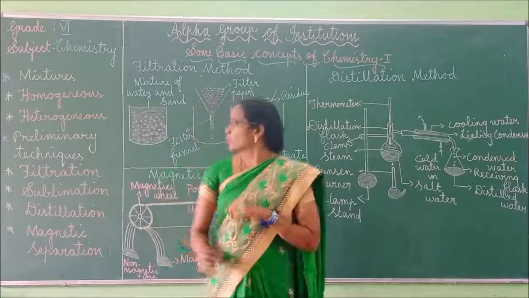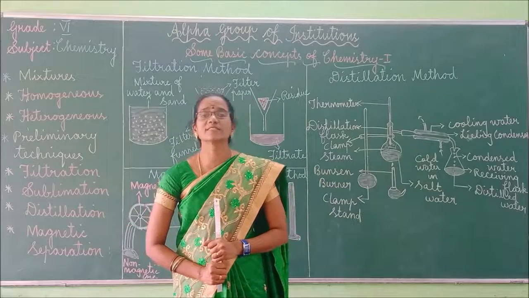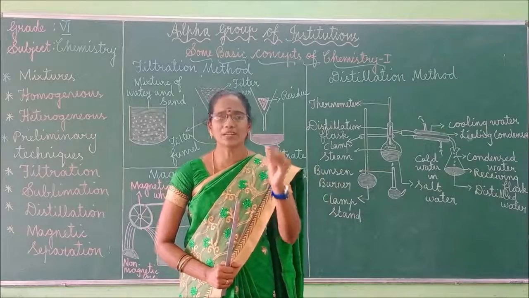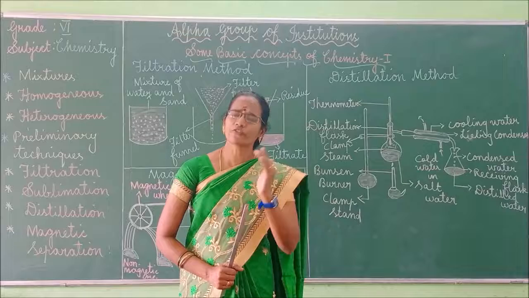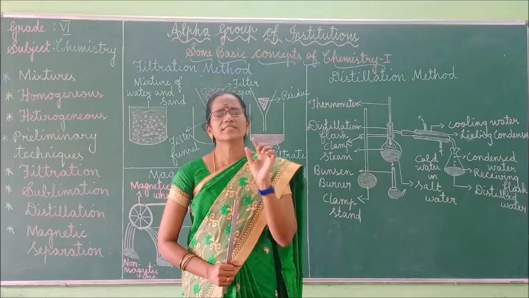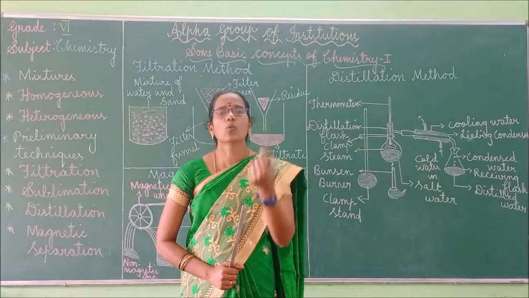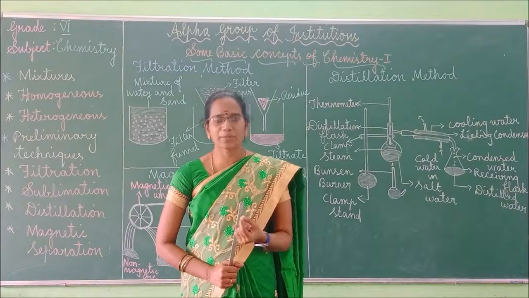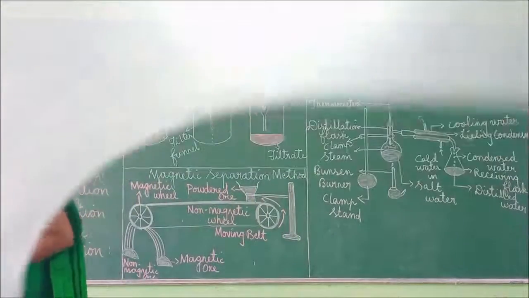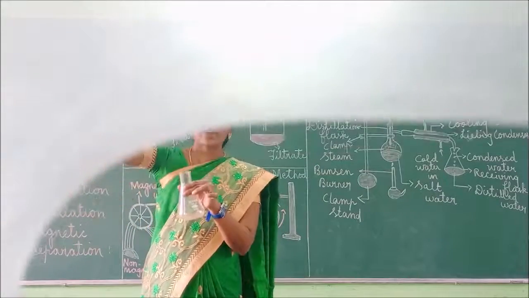So, what is meant by filtration? Filtration means it is the process of separating the insoluble solid from a liquid. When a mixture of sand and water is filtered, all the sand particles stay behind in the filter paper and the water passes through the filter paper. See, this is the funnel.